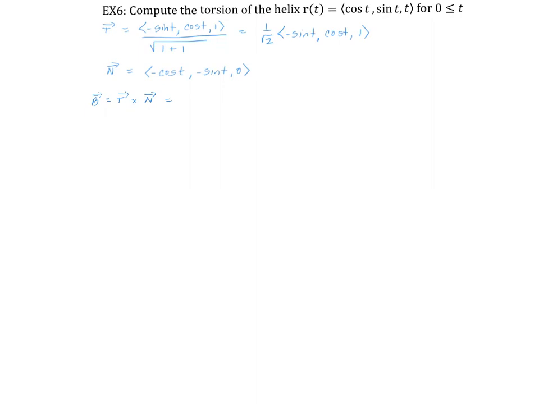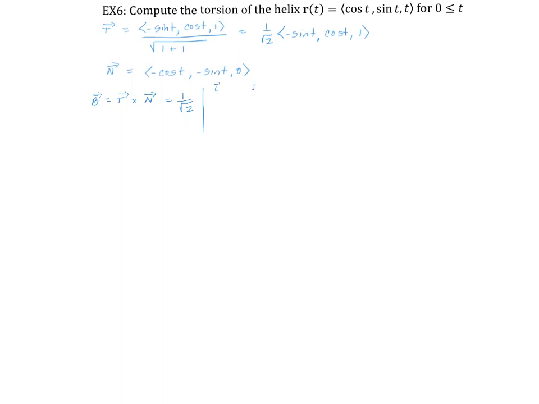Notice that my tangent vector has the 1 over the square root of 2 on the outside of the vector. So I'm allowed to take that 1 over the square root of 2, figure out what the cross is, and then multiply by the 1 over the square root of 2. So that's just one of the properties we had when we were talking about vectors.